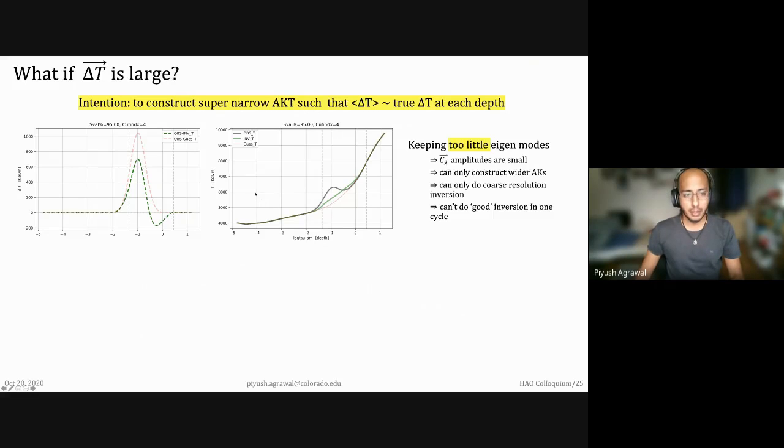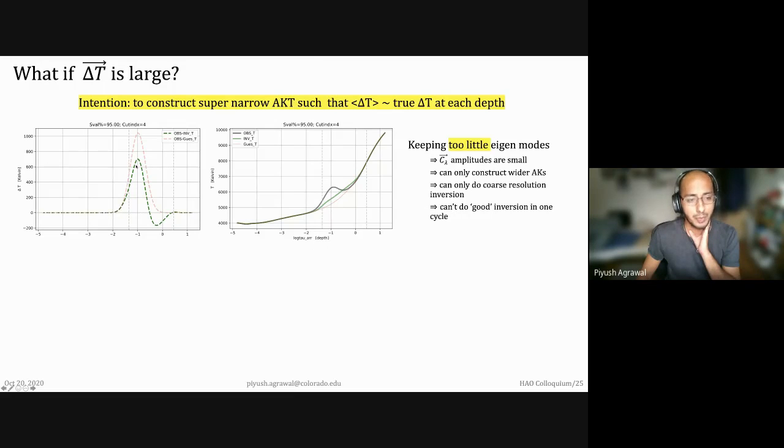Your intention basically is to construct super narrow averaging kernels so that your inverted delta t is close to your true delta t at each depth. Let me explain what this plot is. On the left, I'm plotting delta t versus depth. The red one corresponds to how far my guess model is from the real atmosphere.